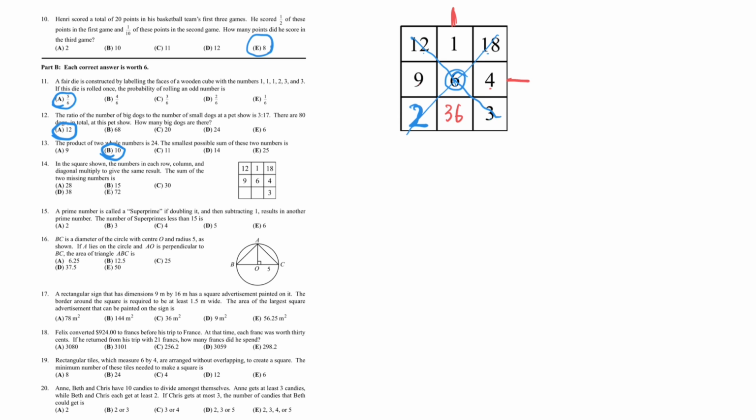Now they ask for the sum of the two missing numbers. The two missing numbers are 2 and 36. The sum is 38. Therefore, the answer of 14 is D.